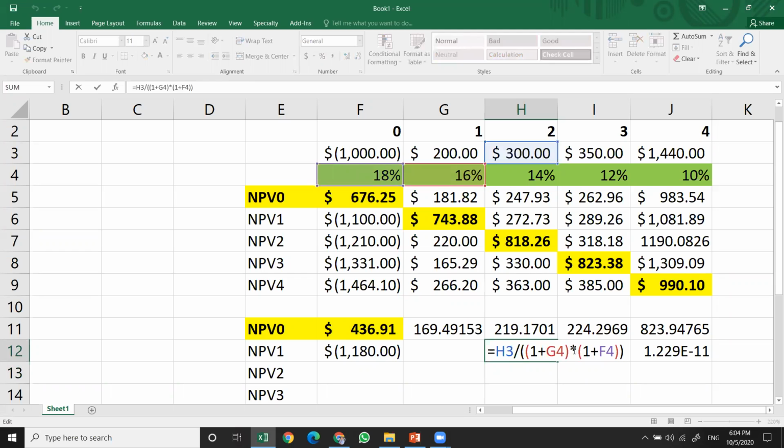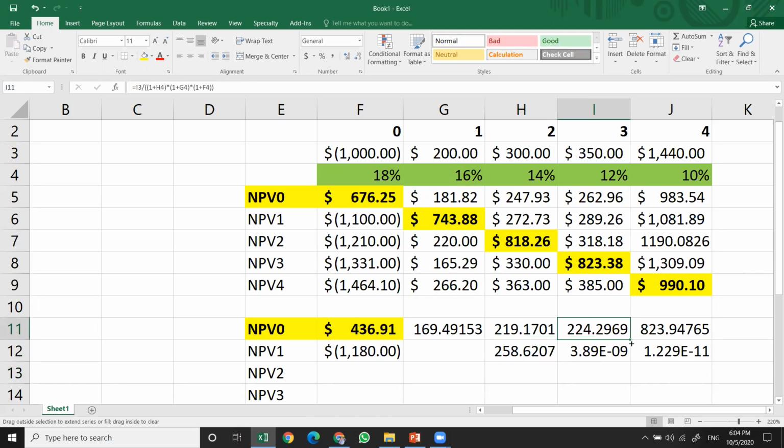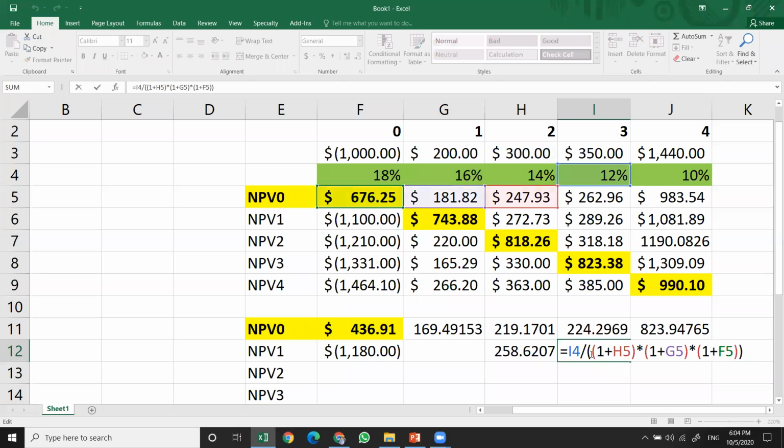Now, what I do here, I just delete this one, G4, because I don't need it. Is it G4 I should delete? 16 or 18? No, I should take this one. So I'm deleting this part.